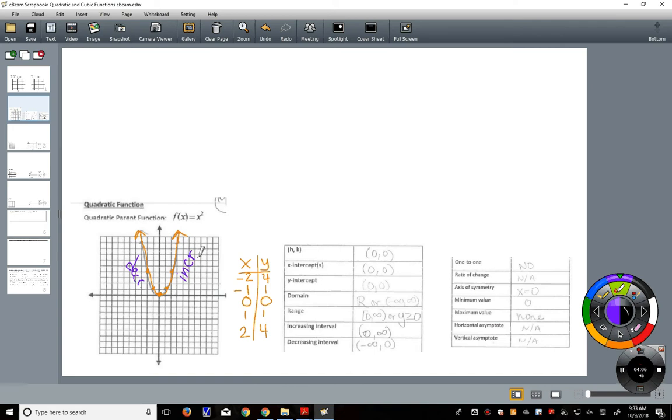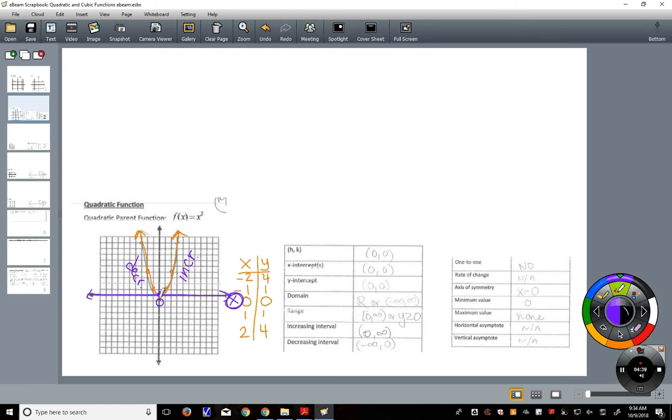But here's the weird part about how we write it. We don't write it as going up to here or down to here. We don't write it as vertical stuff at all. We actually write it according to the domain, the x's that have to do with the increasing and decreasing interval. The graph was decreasing, then it hits some point where it changes, and then it was increasing. That point where it changed is 0 on the x-axis.